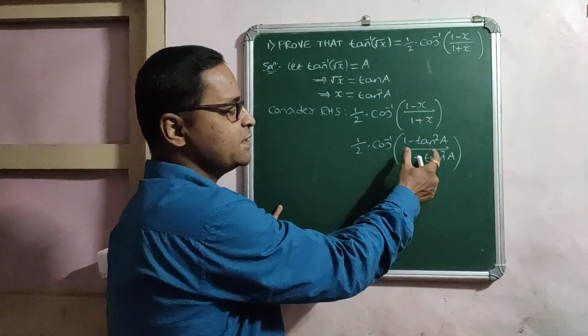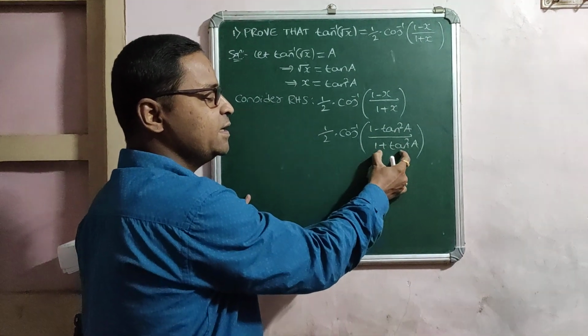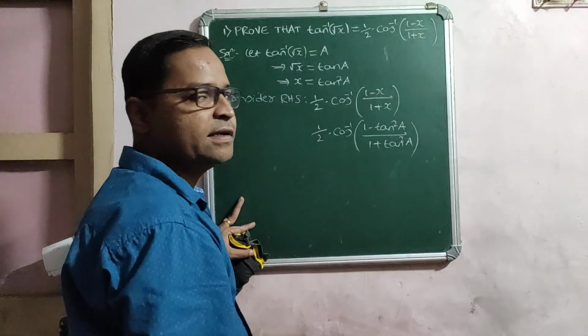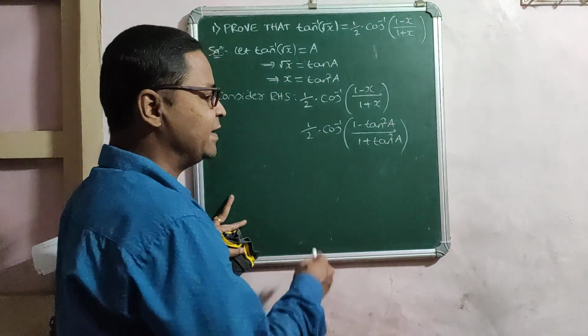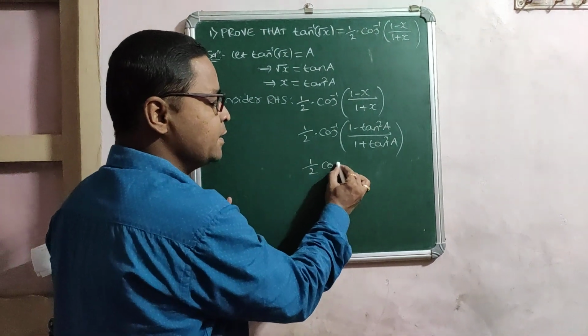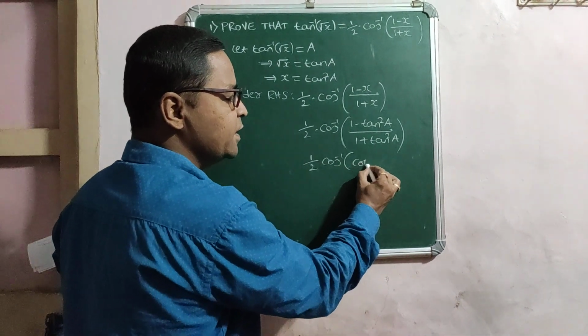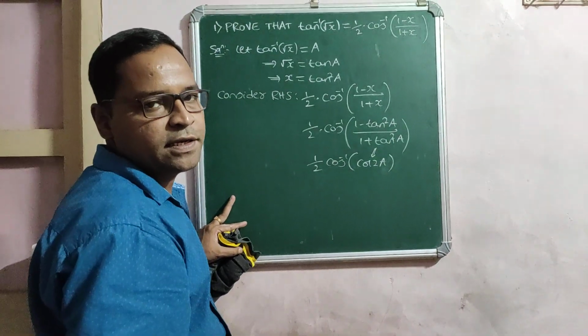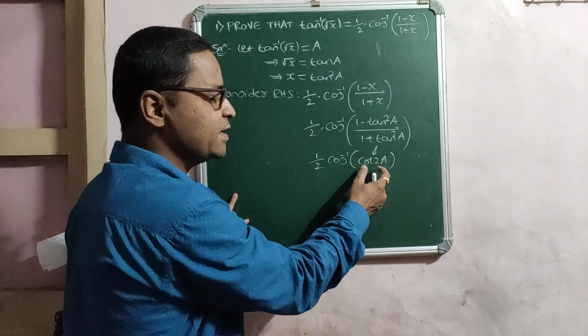As we have discussed, (1 minus tan square a) divided by (1 plus tan square a) will be a multiple angle in terms of cos function, and the value will be cos of 2a.